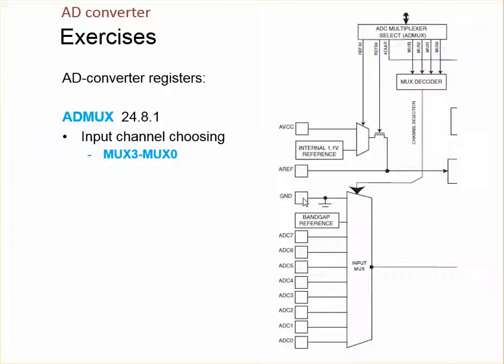It means that we need at least 3 bits to choose the input channel. In the ADMUX register there are in fact 4 bits, MUX3 to MUX0. And how we use this is that this bit combination defines which input channel is chosen.